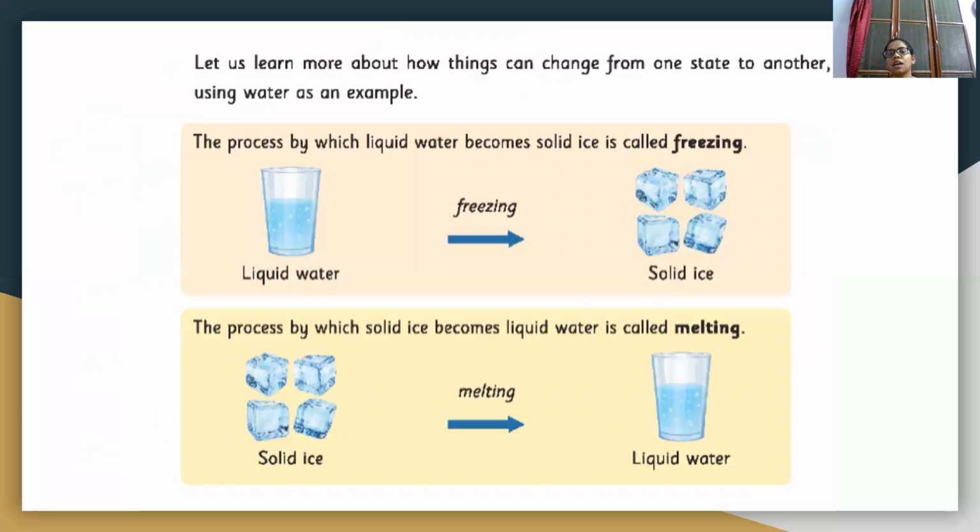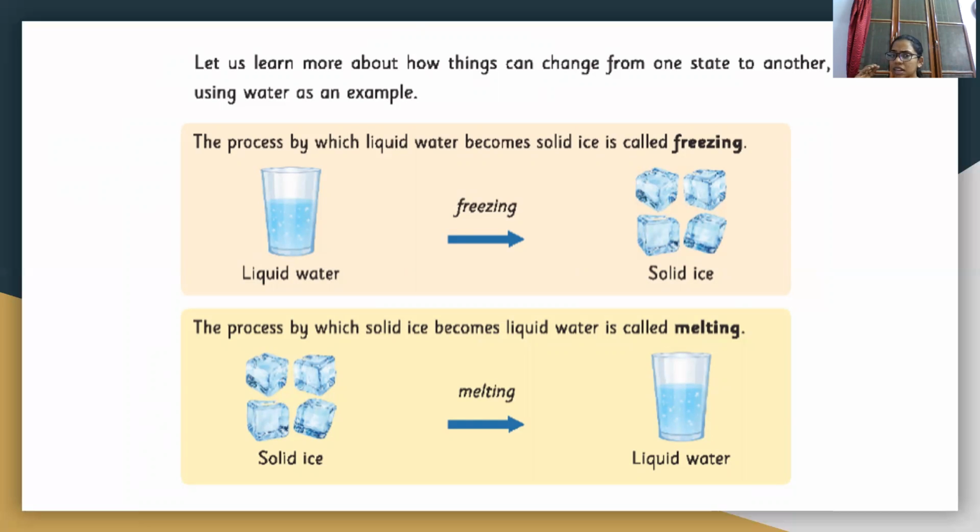Yes. Let us learn more about how things can change from one state to another. First, we can see the examples. First, you can take one glass of water. The water is nothing but liquid.